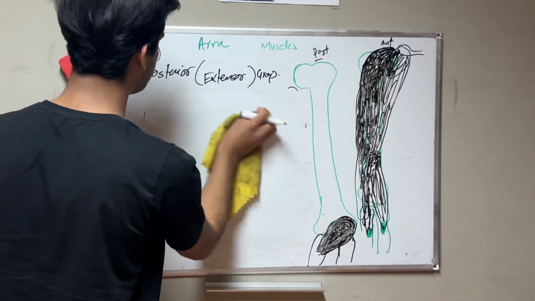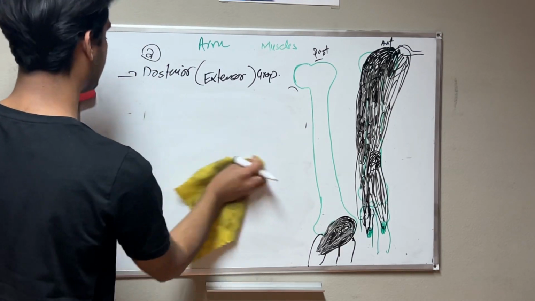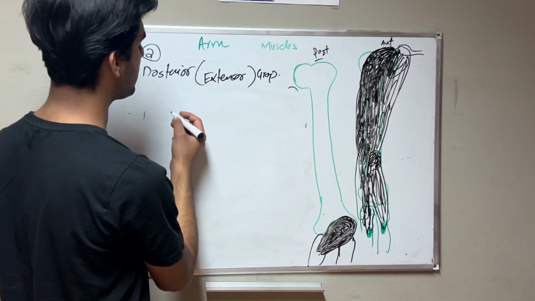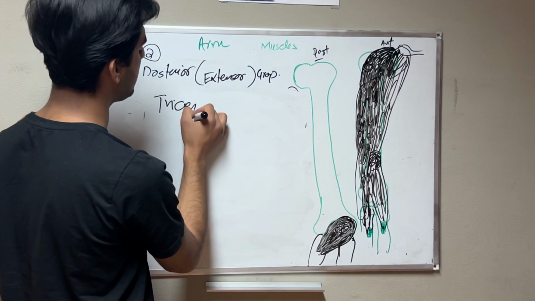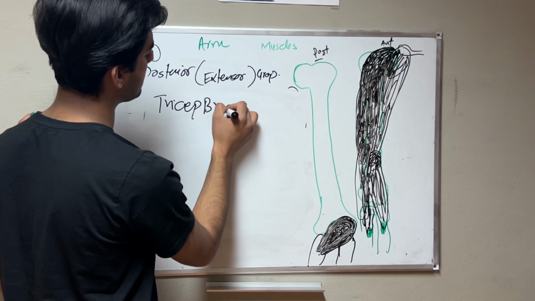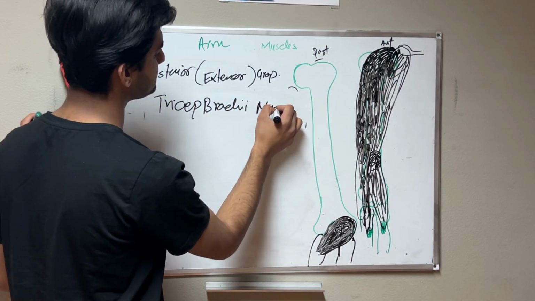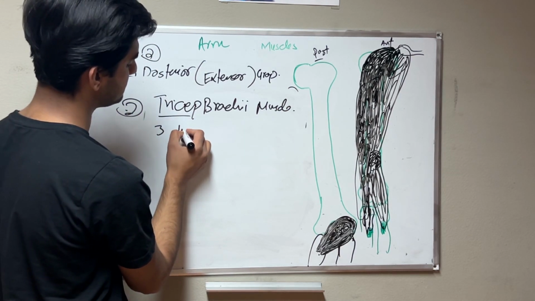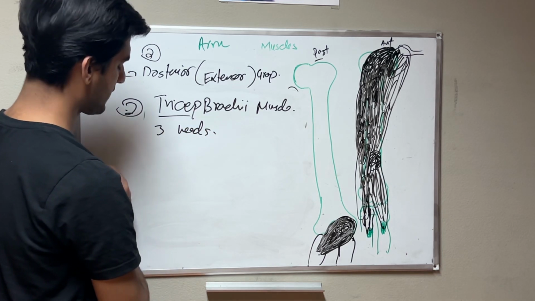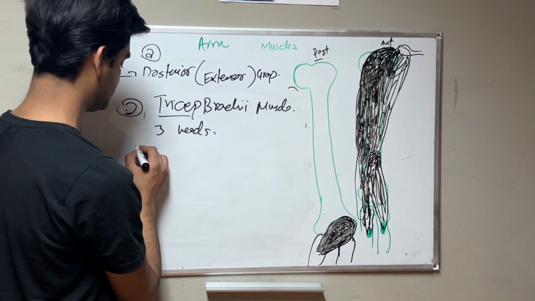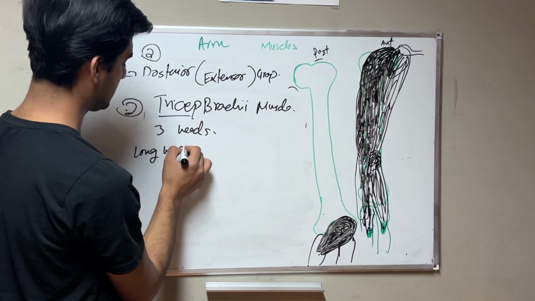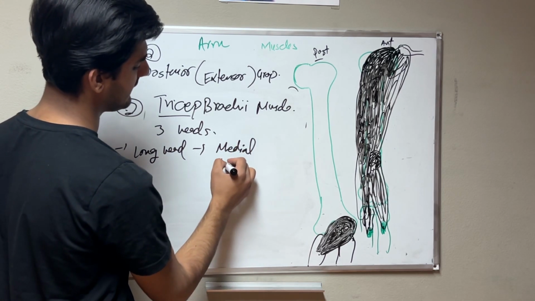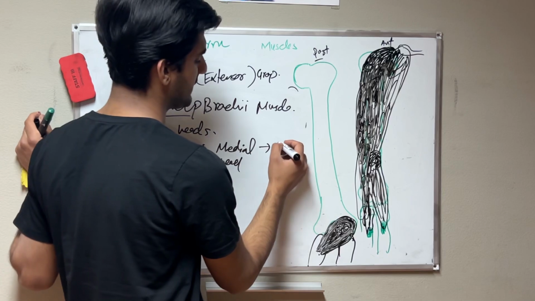Mostly in gyms, people know about the triceps and biceps. Biceps is in the anterior group, and in the posterior group we have the triceps brachii muscle, and triceps means three heads: the long head, the medial head, and the lateral head.